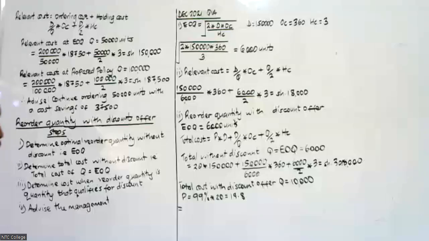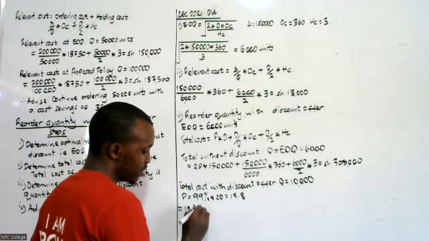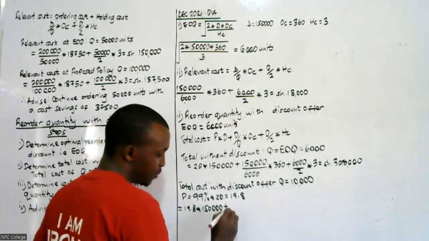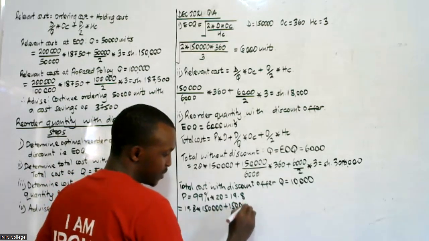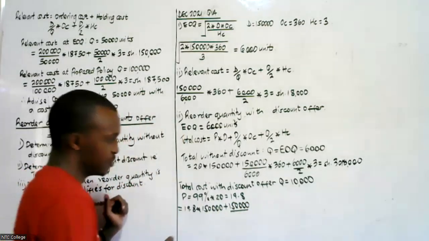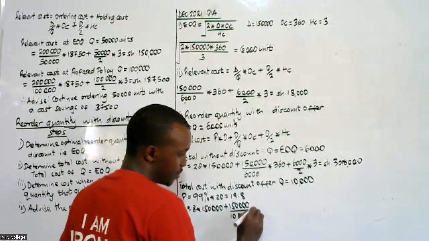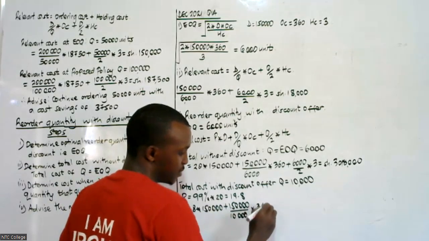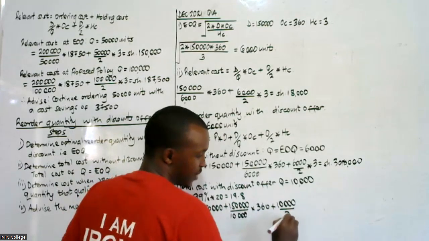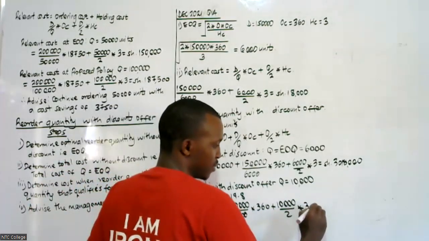So we'll say, this is 19.8 multiplied by 150,000, that is your purchase cost, plus 150,000 divided by 10,000 times 360 plus 10,000 divided by 2 times 3 shillings.